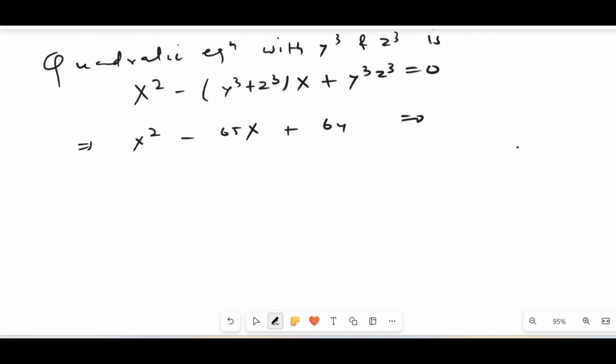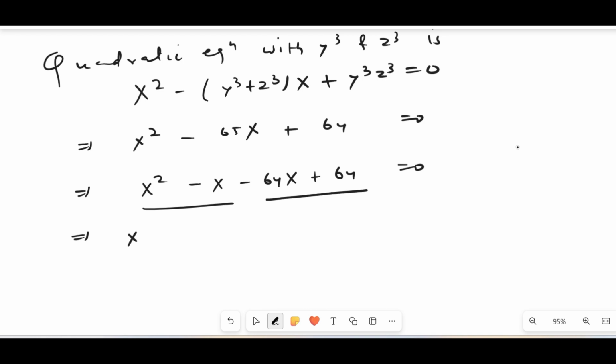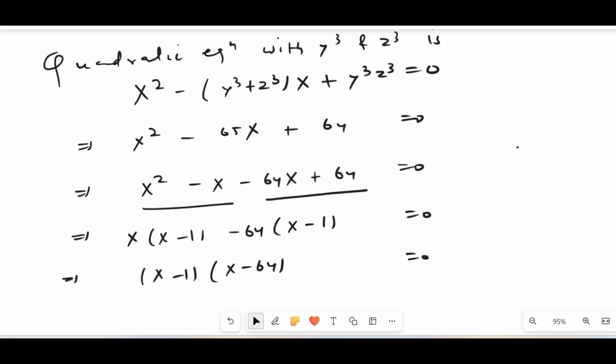So we can write here, that is X square minus X minus 64X plus 64 is equal to 0. Now take X as a common, minus 64 from here. It will give X(X minus 1) minus 64(X minus 1) is equal to 0. Take X minus 1 as a common. So now here will be (X minus 1)(X minus 64) is equal to 0.